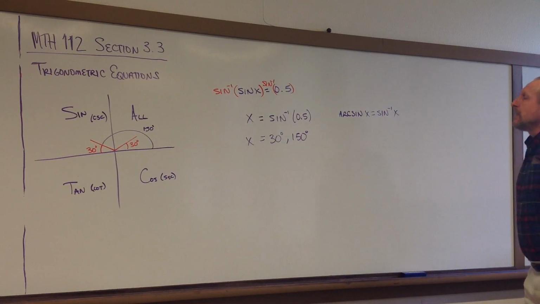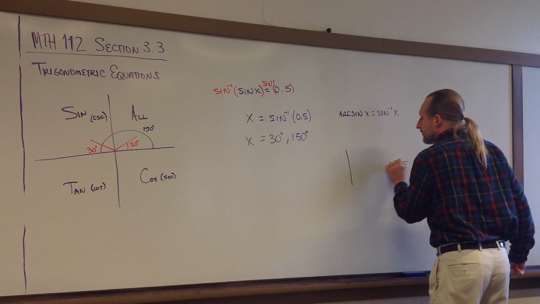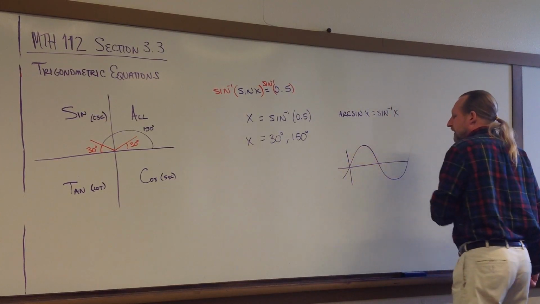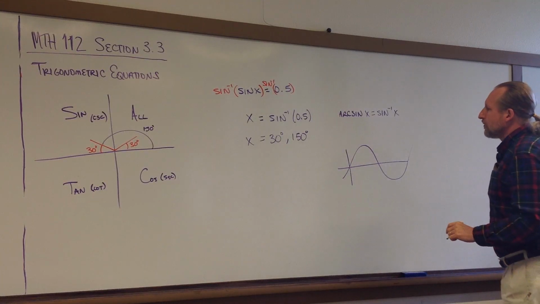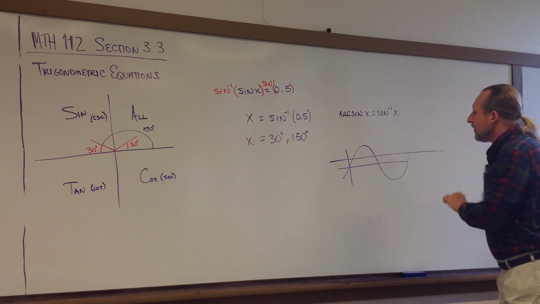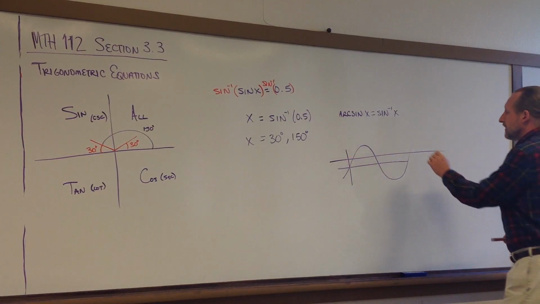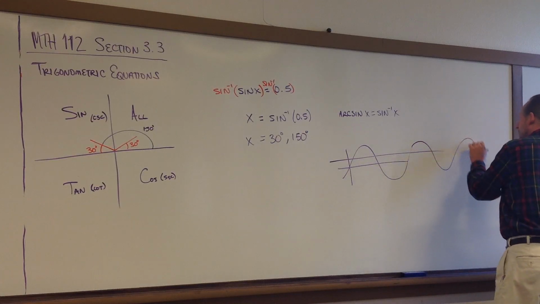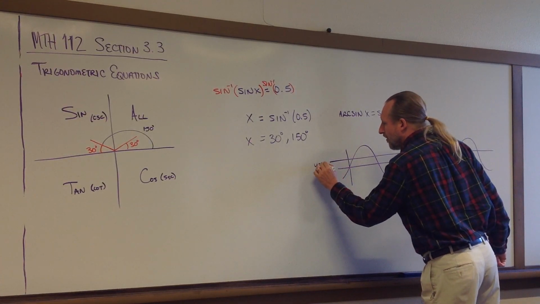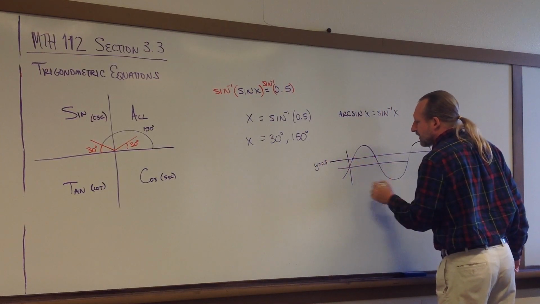Okay? Now, a lot of times if you make a graph for a trigonometric function, so this is just the standard sine graph, and we want to know where is it equal to 1/2, we're going to see an infinite number of solutions along this graph, because as long as the sine graph keeps going and this y equals a half keeps going, okay, then you're going to have intersections here.